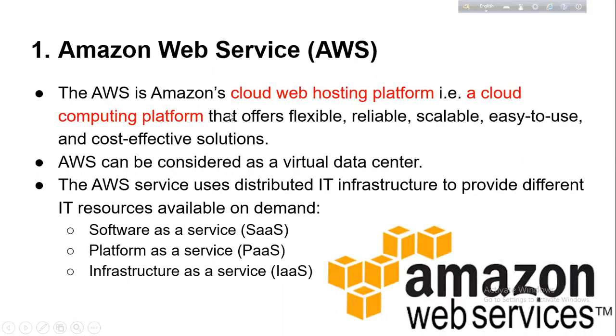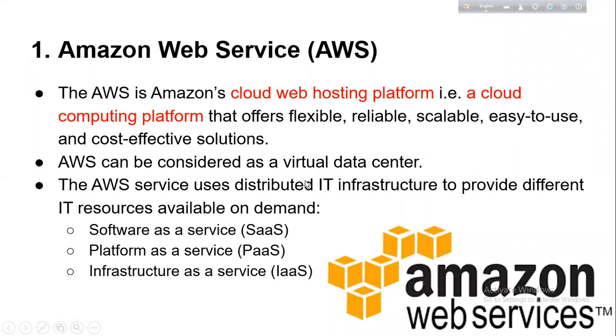Amazon AWS. AWS is Amazon's cloud web hosting platform. It is a cloud computing platform that offers flexible, reliable, scalable, easy to use, and cost-effective solutions. See the logo that I put here. AWS can be considered as a virtual data center.